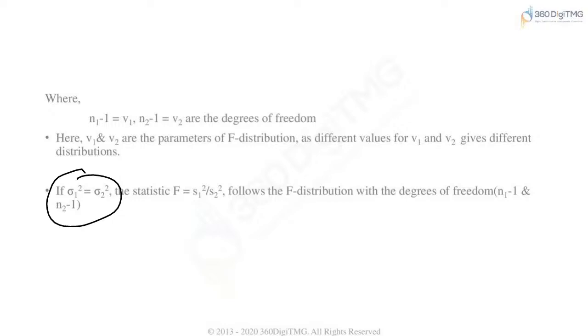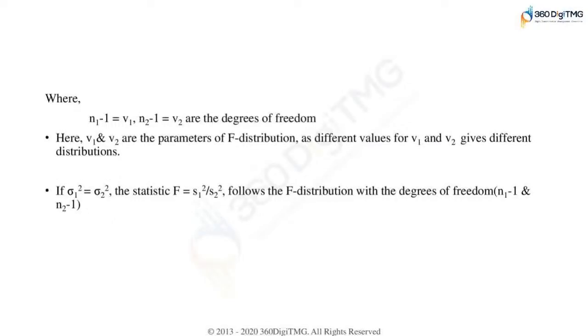So using the ratio of the variances of the sample, by finding out an F critical value, we are going to infer whether they are equal or not. That is the whole objective of this particular study. All right.